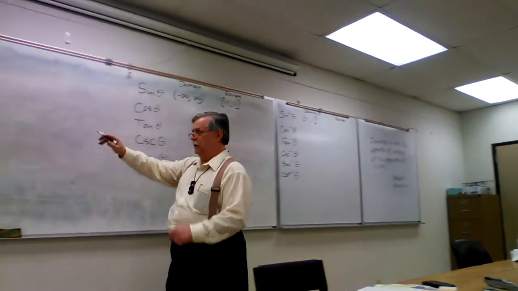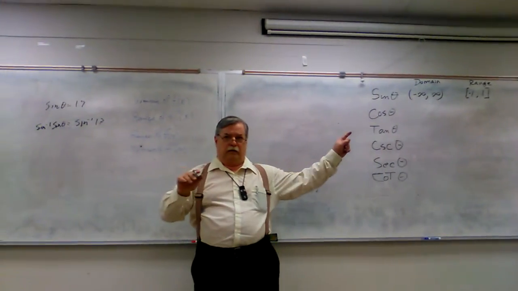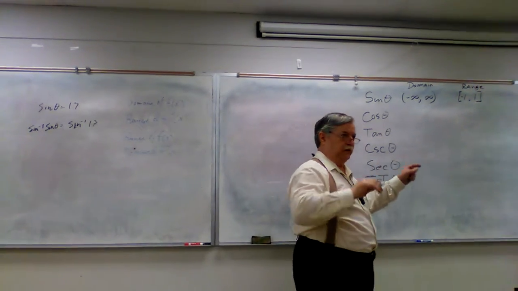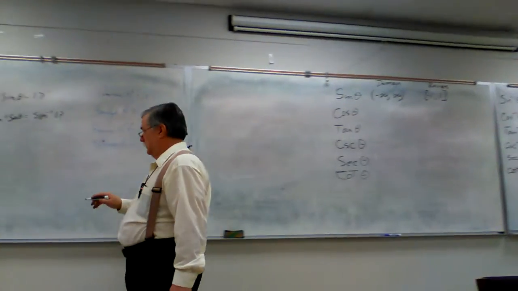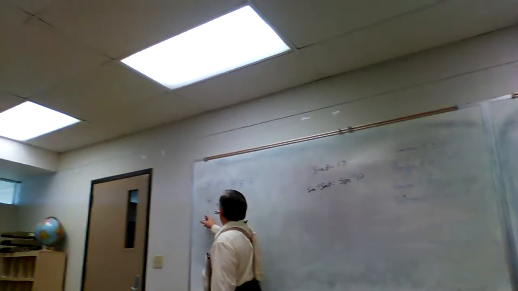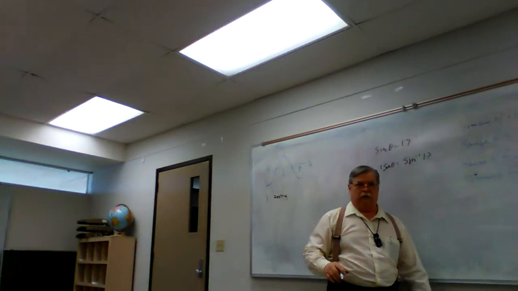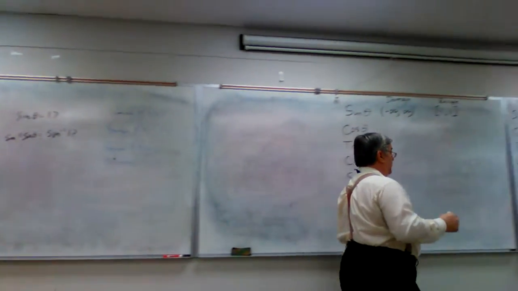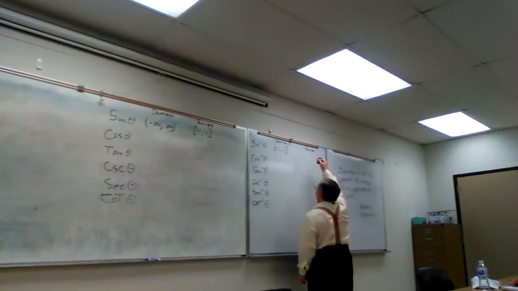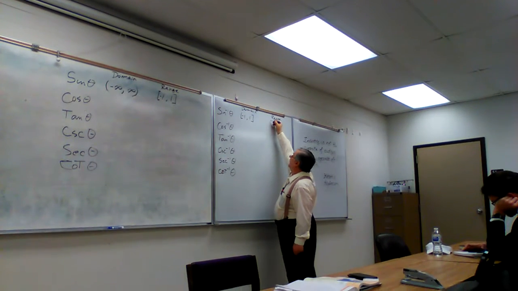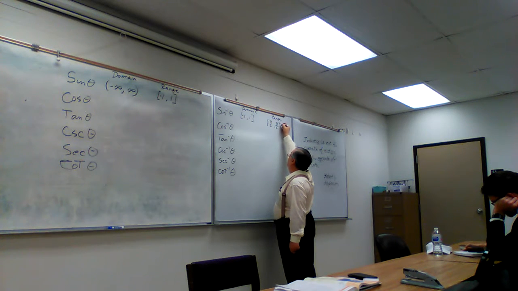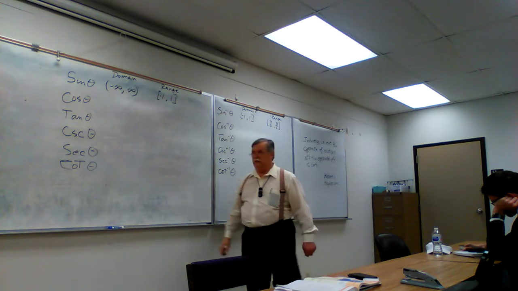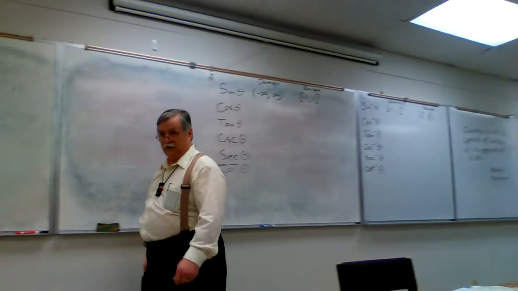Nope. Now we've got to go back. Remember, the range of the inverse function is the domain of the original function. Now we come to this restricted domain of the original function, and it is minus pi over 2 to pi over 2, inclusive.